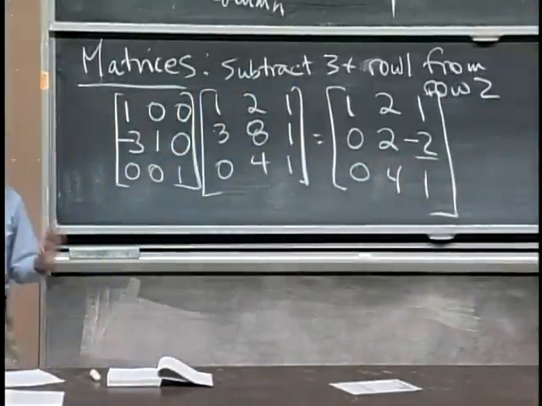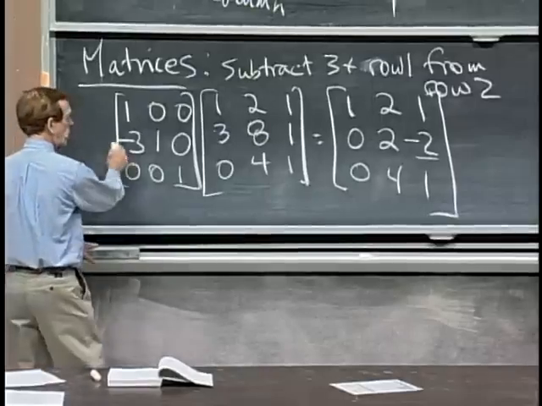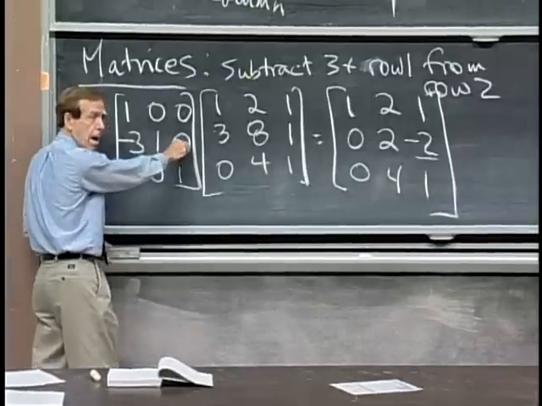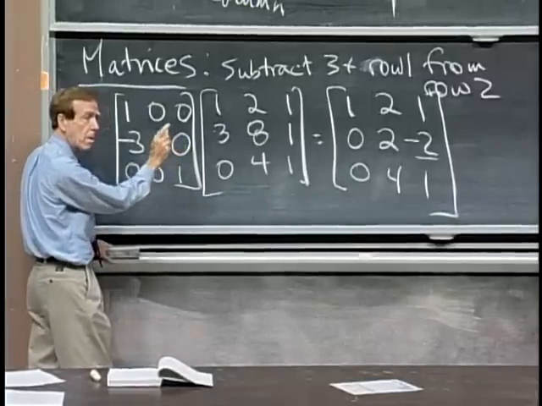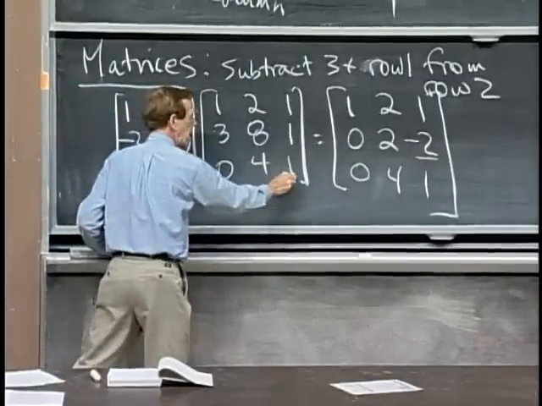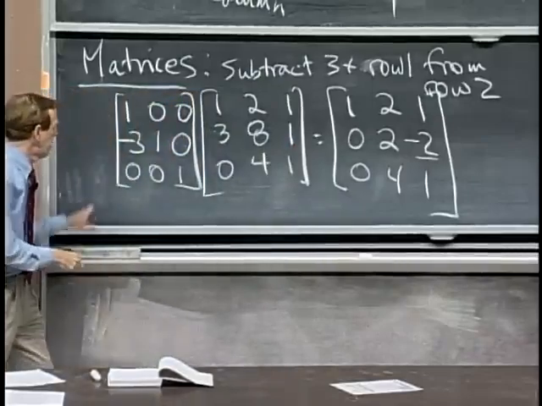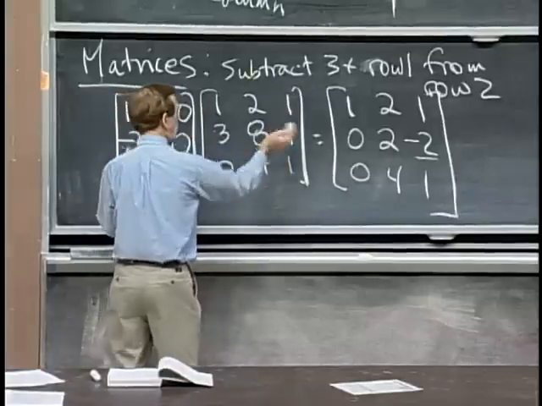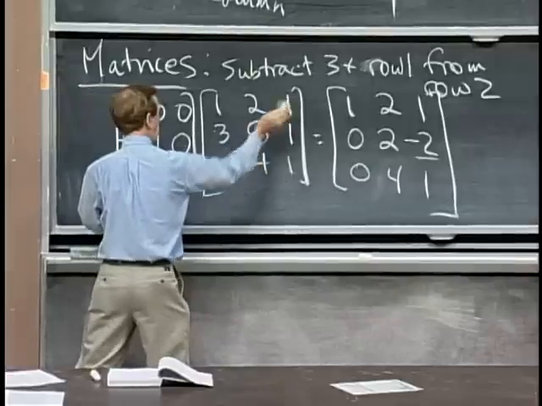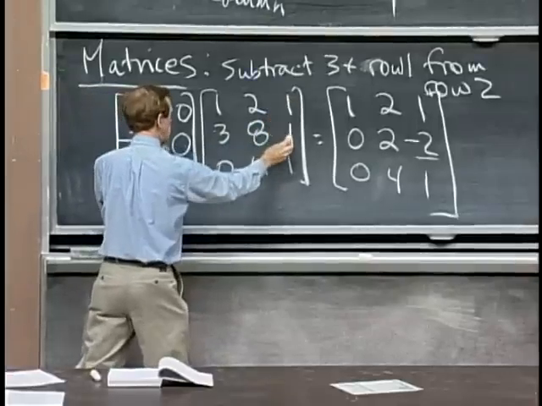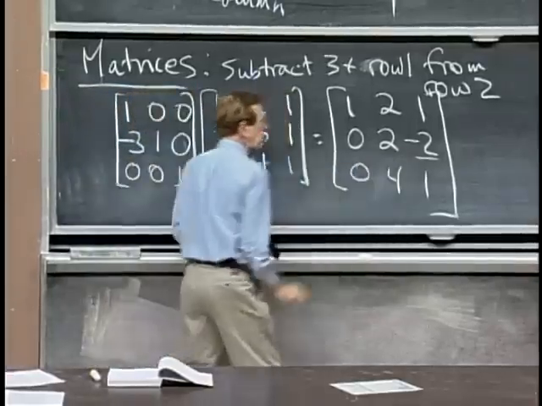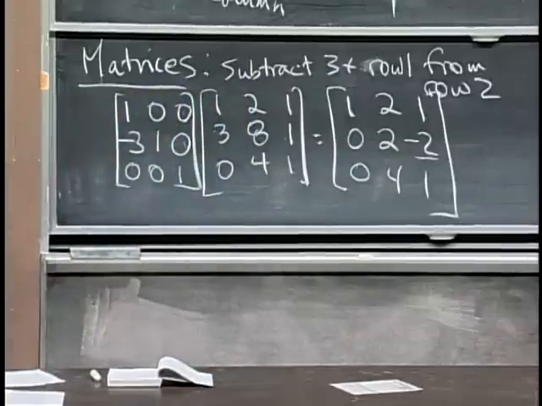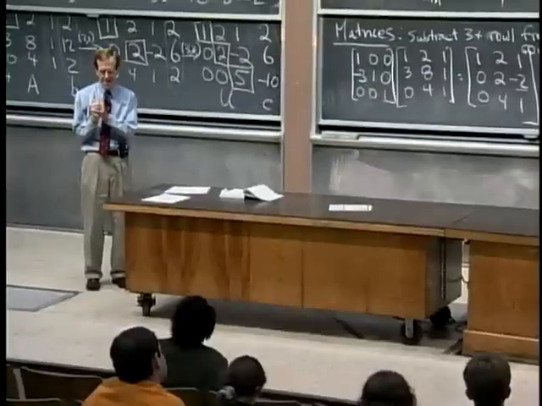I would look at row 2 of this one and column 3 of this one to get that number. I just take this dot product, -3 times 1 plus 1 times 0 gives the -2. Yeah, it works.